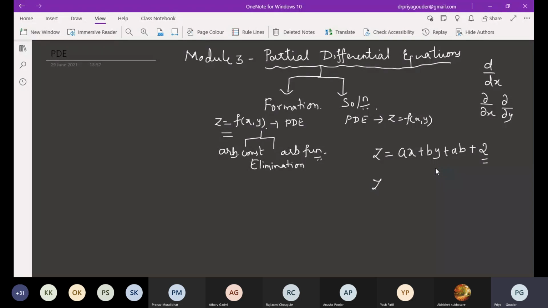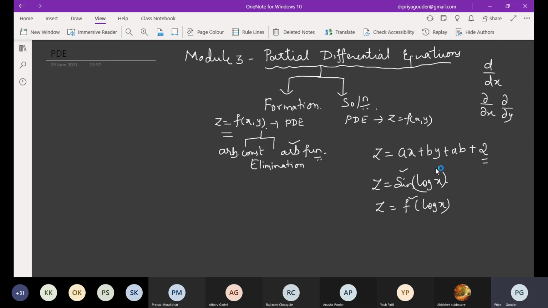Similarly, suppose I take z is equal to sine of log x. This is called a fixed function. Fixed function means sine is sine only. But if I write z equal to f of log x, then f is called which function? Arbitrary function. Why?